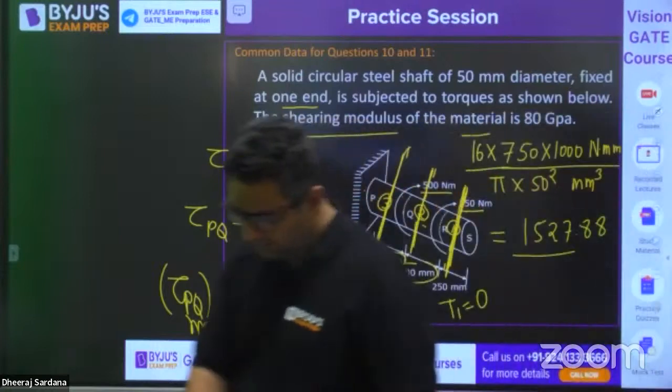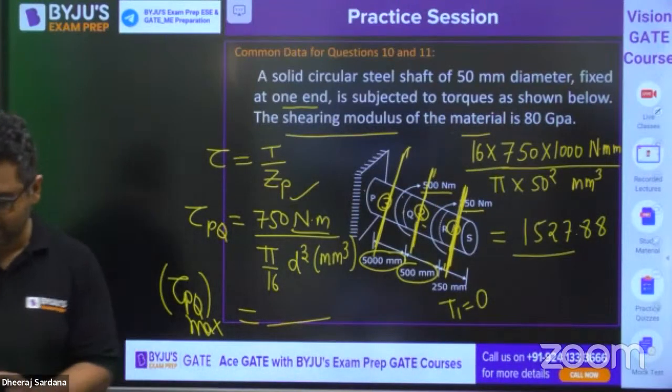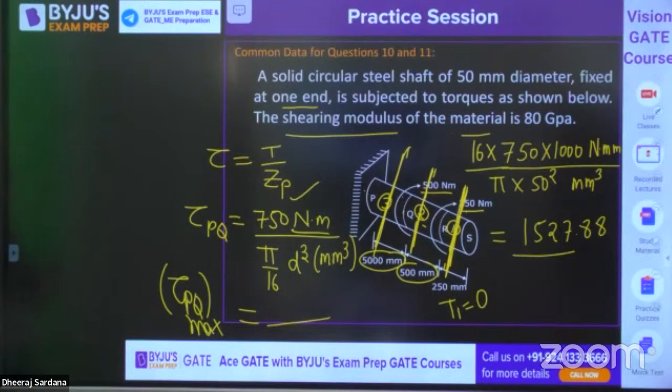So you just need to put the values and get the answer. Try to solve it, guys. Otherwise, I will be doing calculations with you. Okay, there is a mistake.